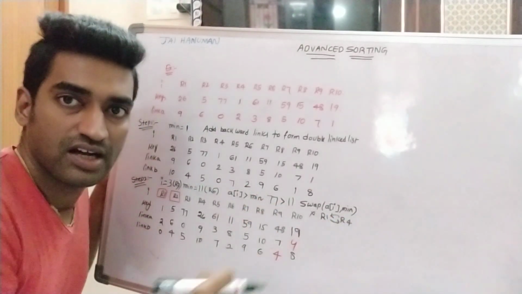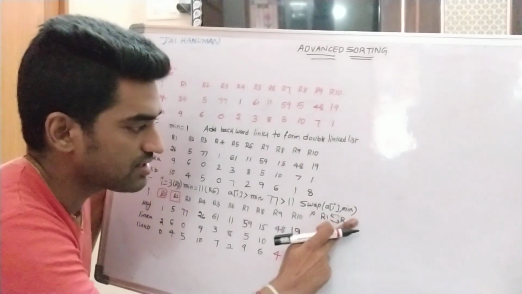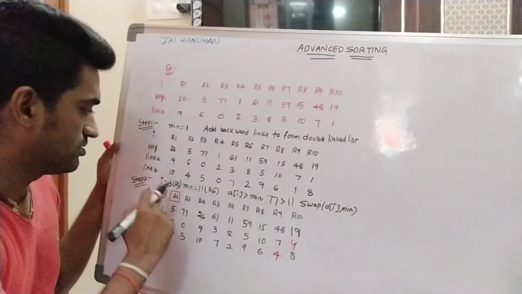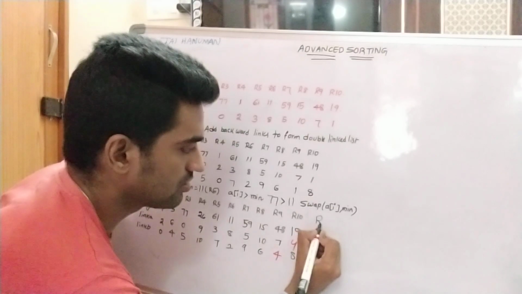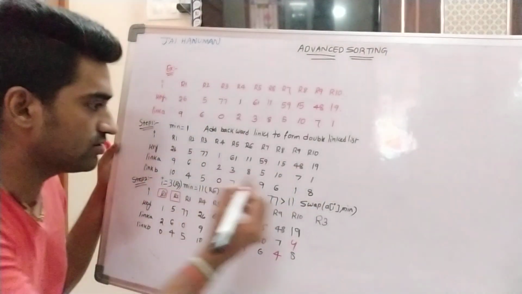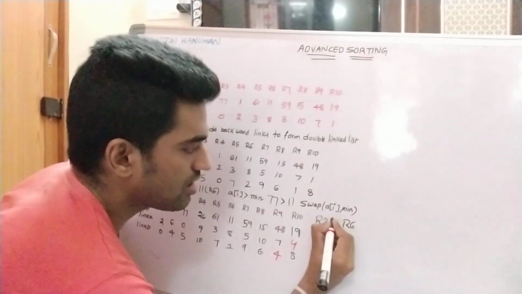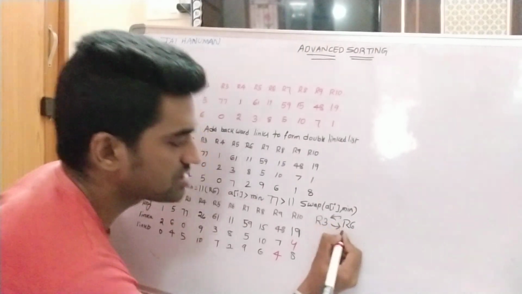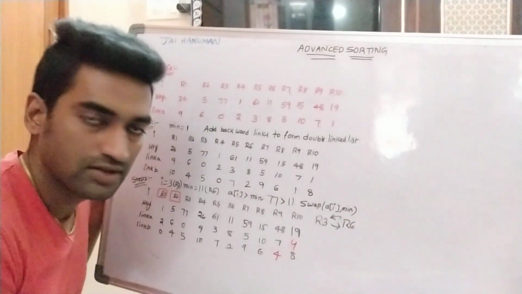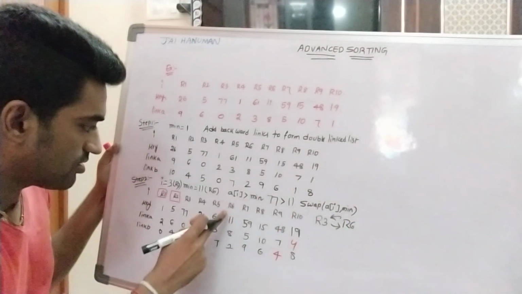So we are swapping A of I, A of minimum. What is A of I? R3. What is the minimum? R6. So R3 is swapped with the R6 record.